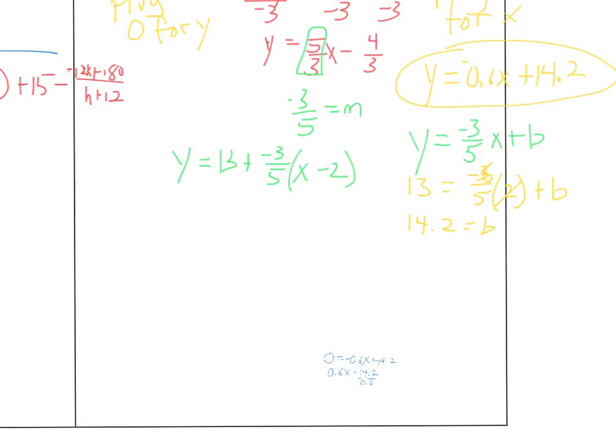And we get 14.2 divided by 0.6, 23 2/3, which is 23.6 repeating, keeping it in decimal form. That's my x-intercept. The y-intercept is much easier because the y-intercept is b.